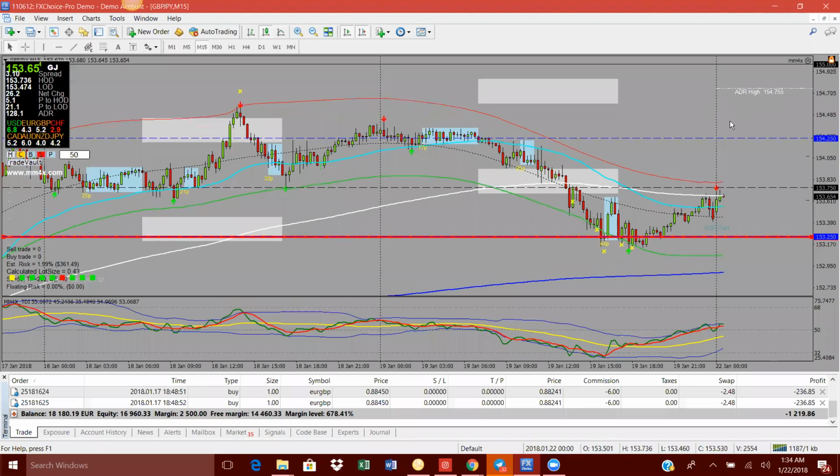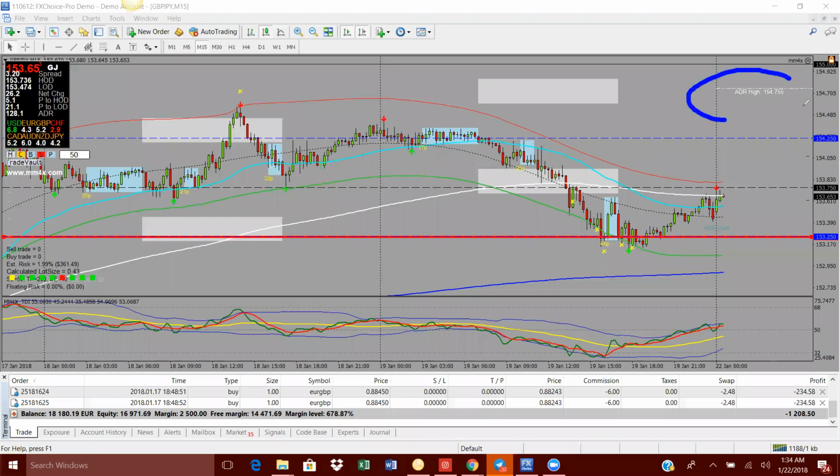You see the ADR high. So the price could come there, then drop. Let us wait.